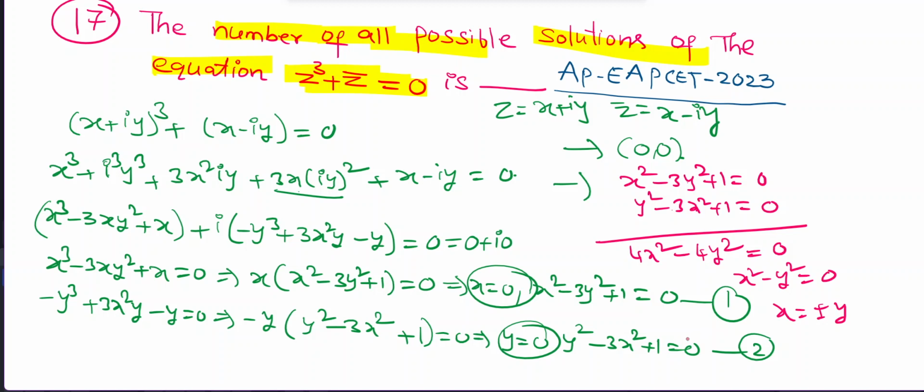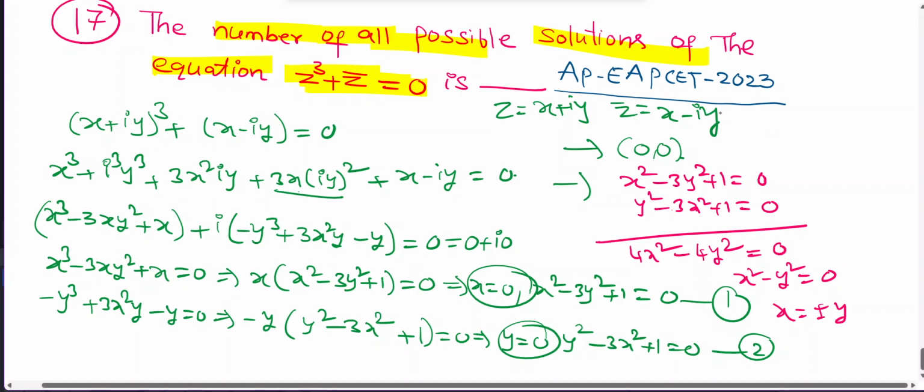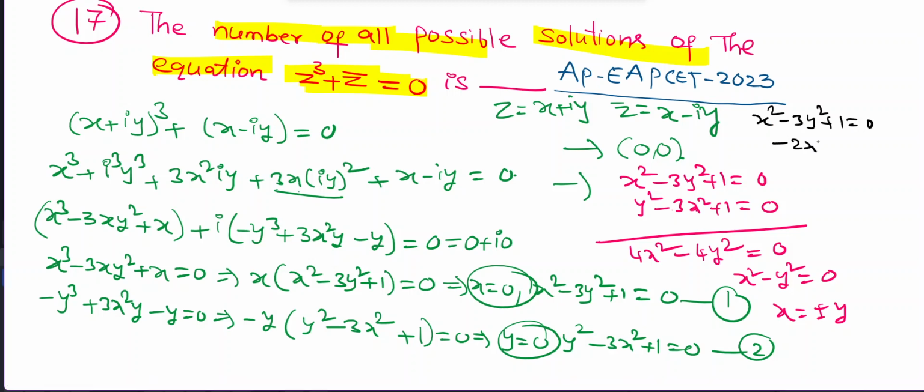So substituting x is equal to y in the first equation, x square minus 3y square plus 1 is equal to 0. Put x is equal to y in this: minus 2x square plus 1 is equal to 0. x square is equal to 1 by 2, so x is equal to plus or minus 1 by root 2. Similarly, y is also plus or minus 1 by root 2.